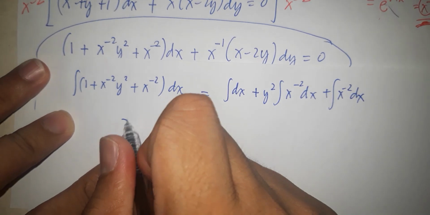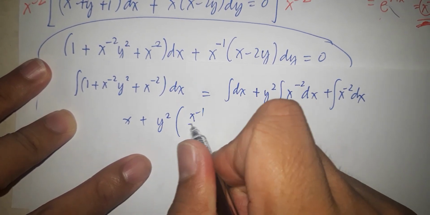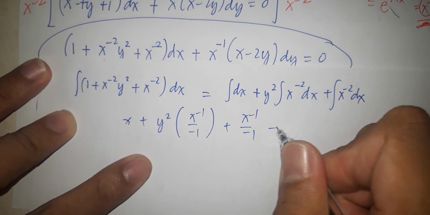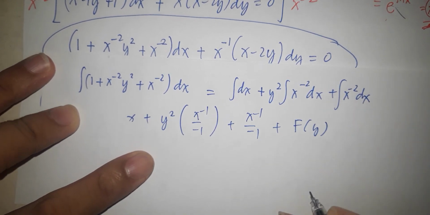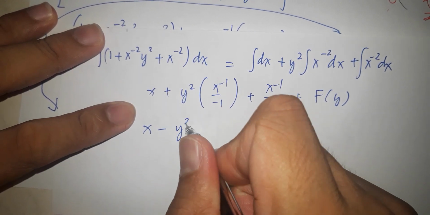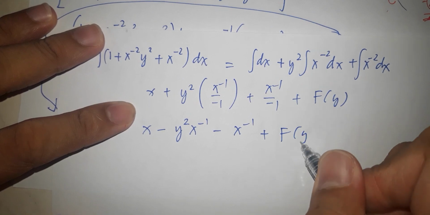So, integrating, that gives you x plus y squared, x negative 1 over negative 1, plus x negative 1 over negative 1 plus f of y. Then, this is x minus y squared x negative 1 minus x negative 1 plus f of y.